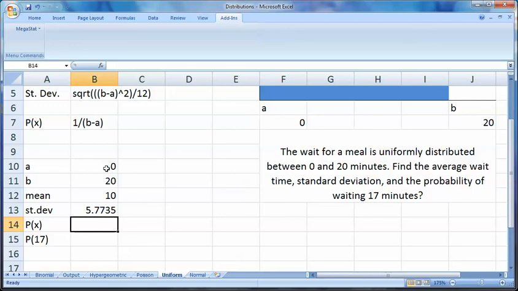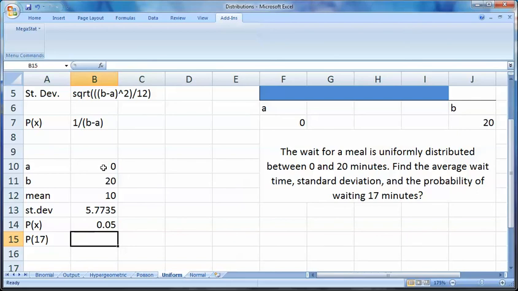What is the probability? Well, equal 1 divided by parenthesis 20 minus 0, which is b minus a. So 0.05. Okay.